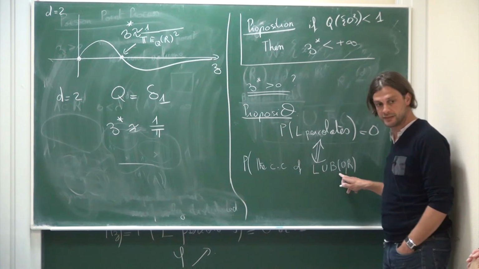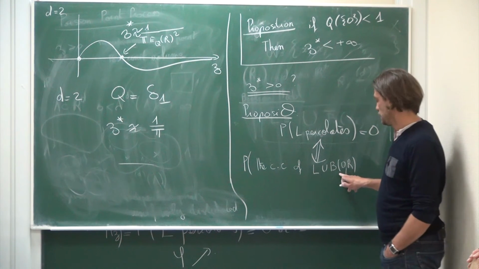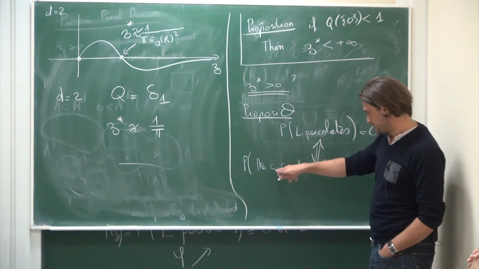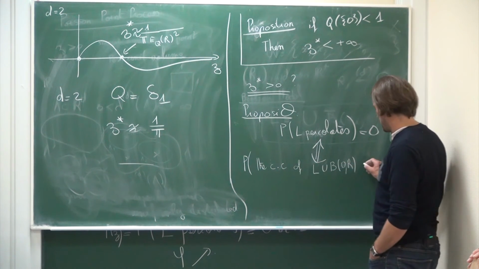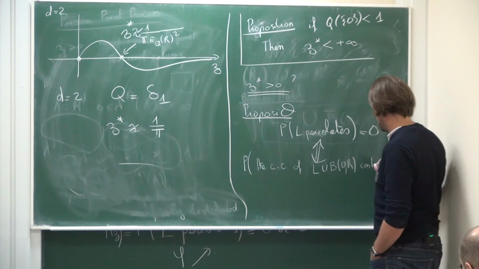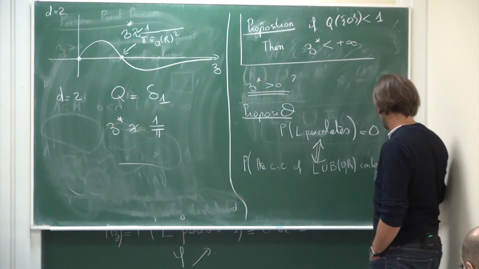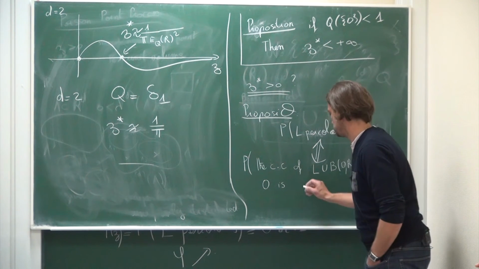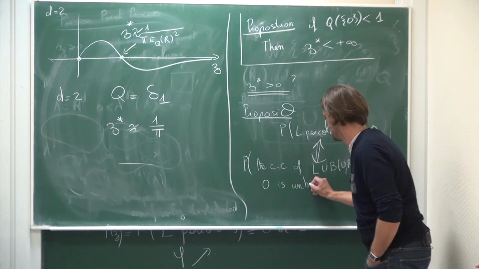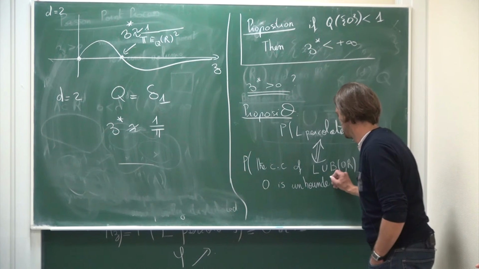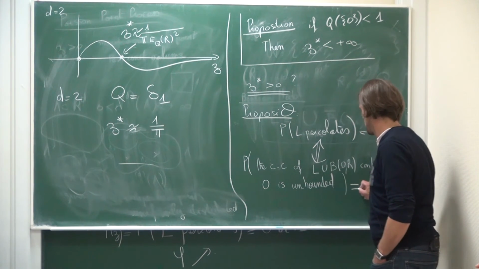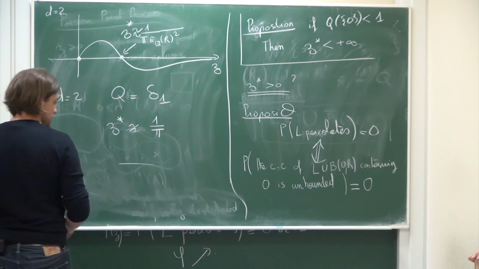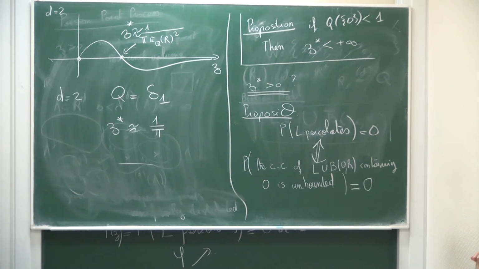So we add a ball in 0, and we are just looking at the connected component of this ball containing 0, is unbounded with probability 0. So let me explain with a picture.